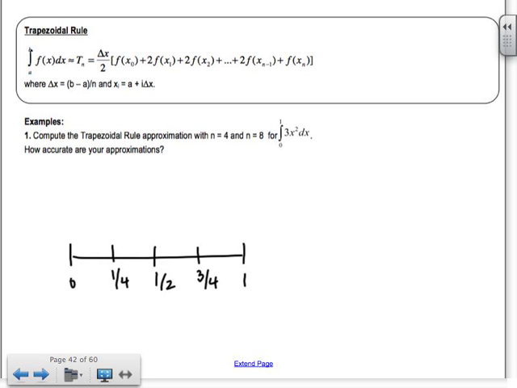So I'm just putting them into my table on my calculator. You don't have to do that. But. So I'd have 0, 0. I'd have 1/4, 0.1875. I'd have 1/2, 0.75. I'd have 3/4, 1.6875, and 1, 3.